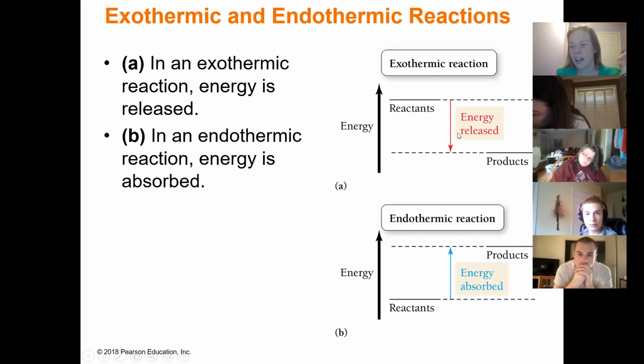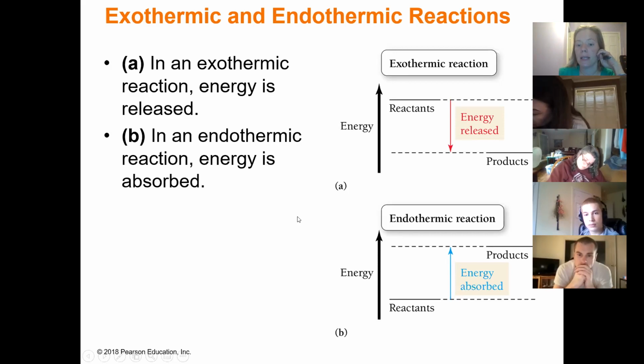If everything was an exothermic reaction, if everything was high energy in the beginning and it released energy to become low energy, then nothing would have energy in it, right? So there has to be an equal and opposite thing to this exothermic reaction, and that is an endothermic reaction. That's where you have reactants that are low energy, but when they come together, they absorb energy from the surrounding environment to create these products that have a lot of stored potential energy.